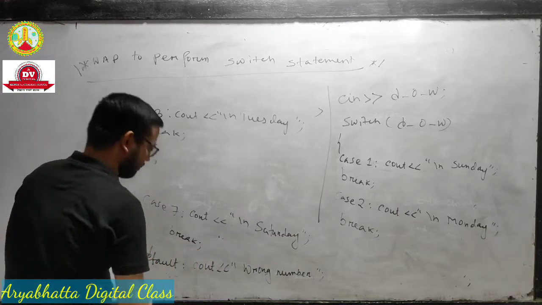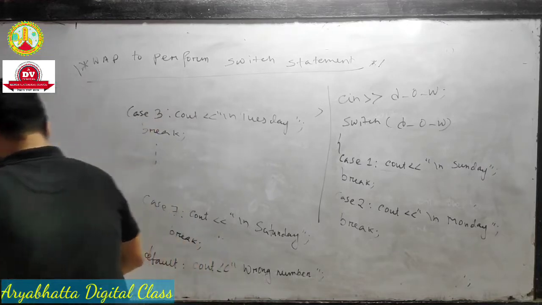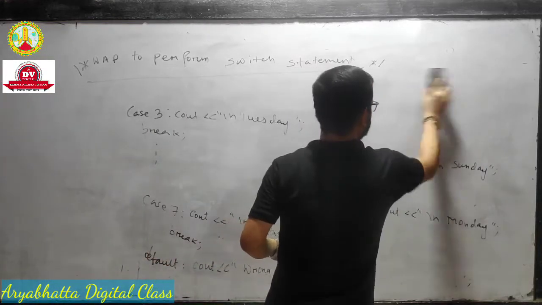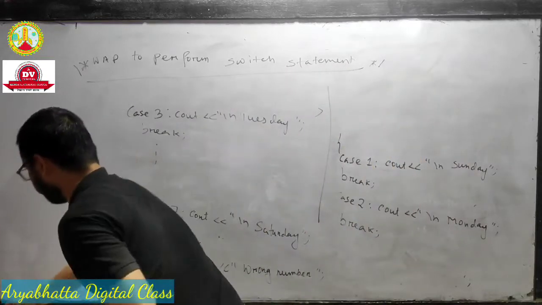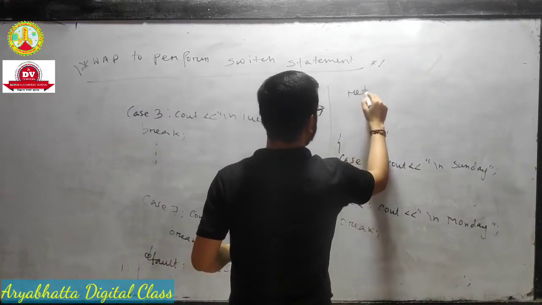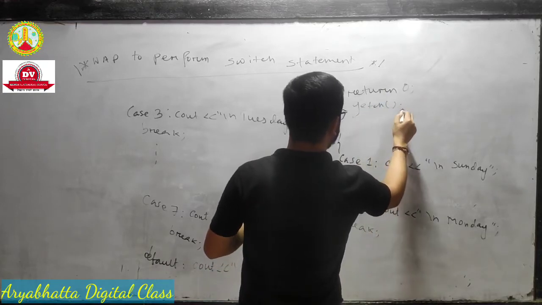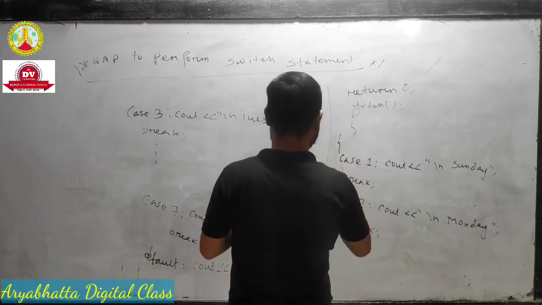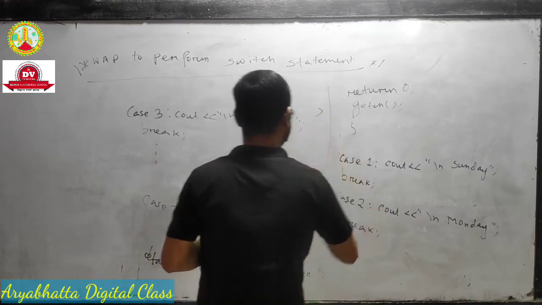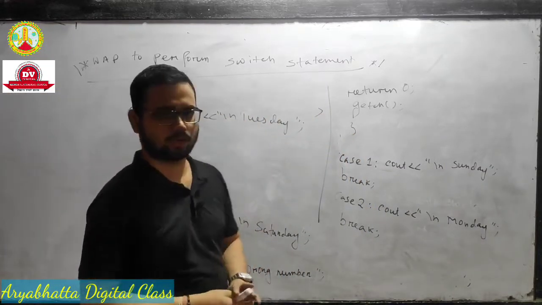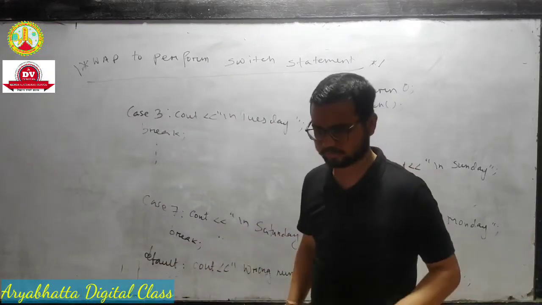And last, we already know these two lines: one is return 0 and second one is getch. Okay, you know. I'll teach you starting what is break and why we use switch.